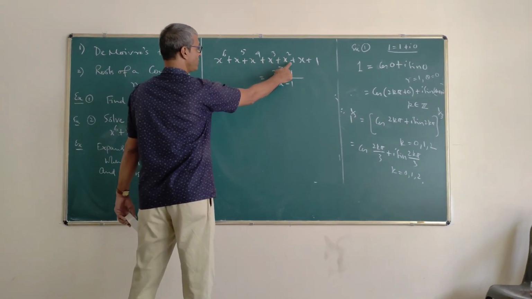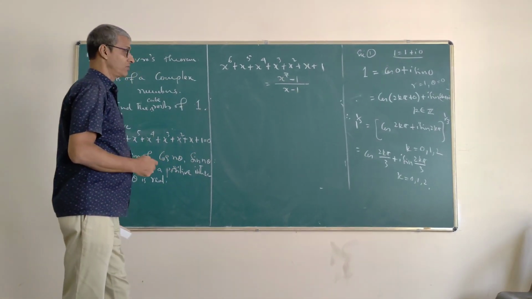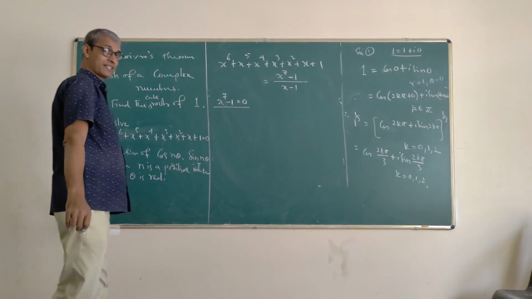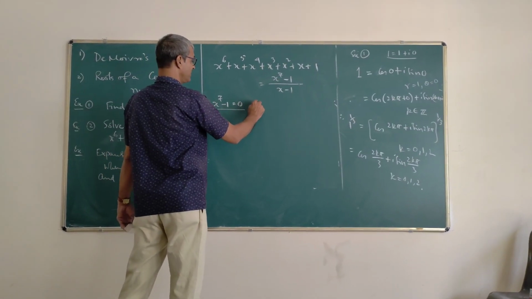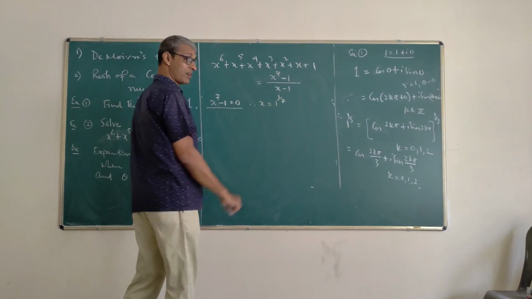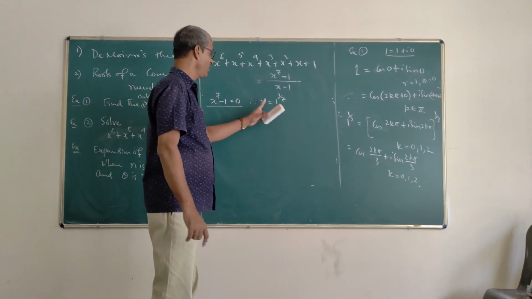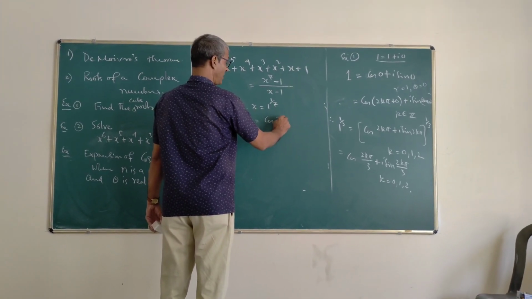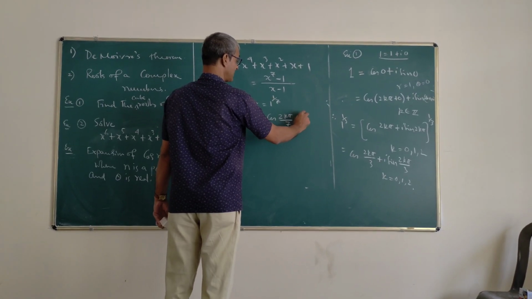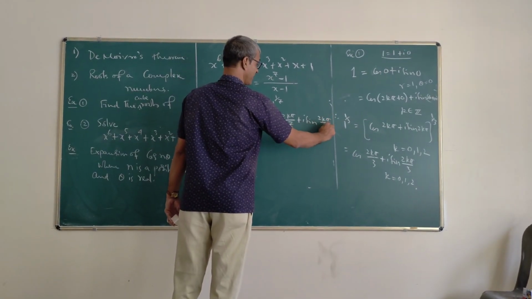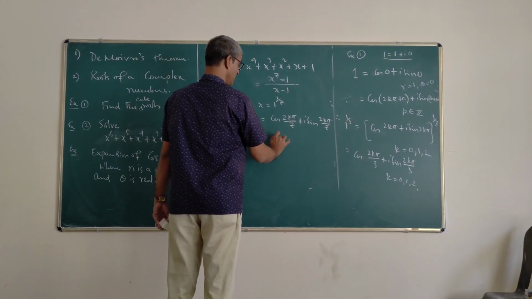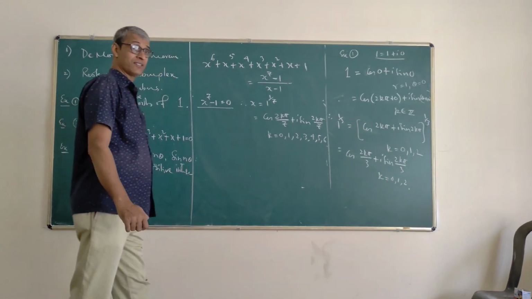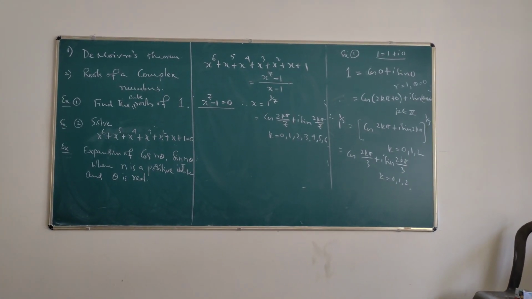So if we consider this equal to 0, then we have x = 1^(1/7). Like the cube roots of unity, you have to determine the 7 roots of this: cos(2kπ/7) + i sin(2kπ/7), where k = 0, 1, 2, 3, 4, 5, 6. So you have 7 roots of 1 in this way.